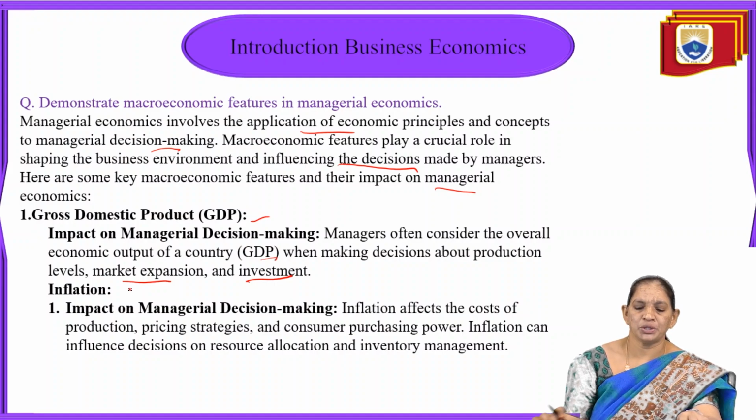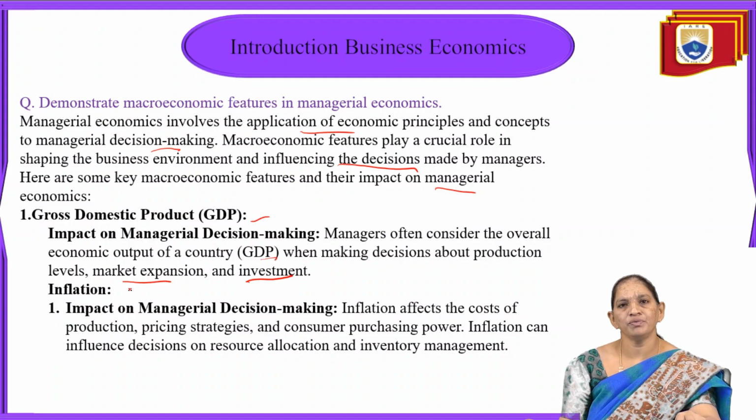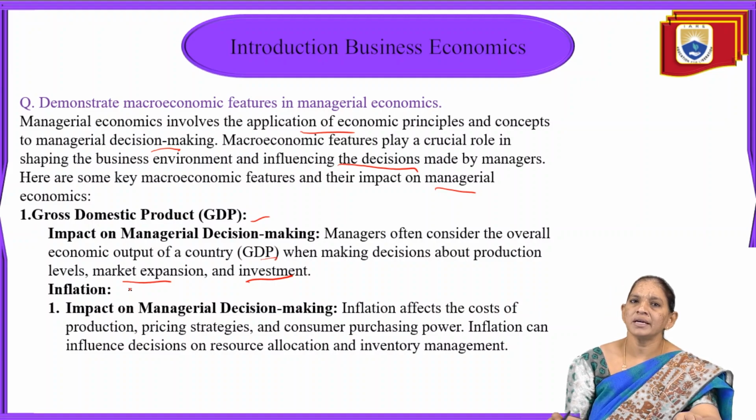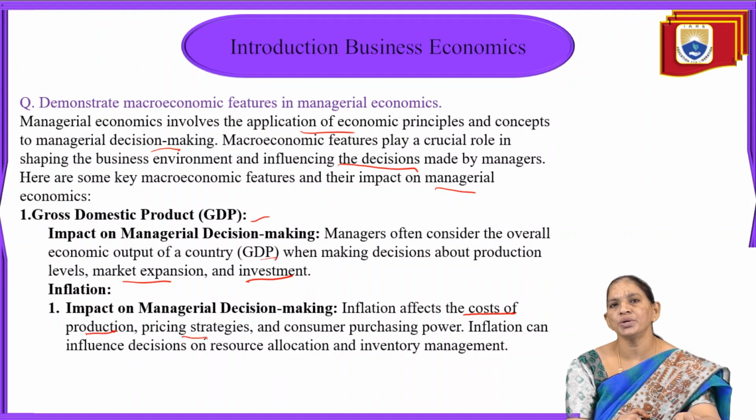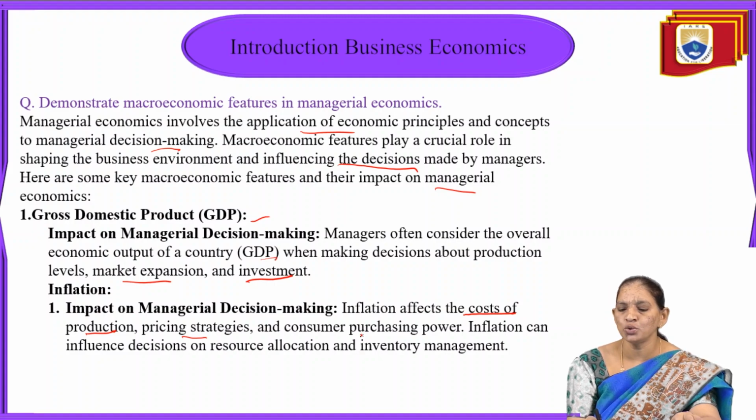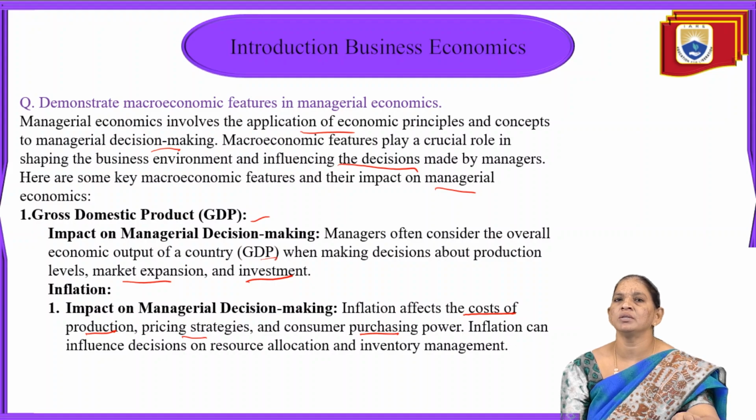Next, inflation. Normally we call inflation rising prices. The impact of inflation on decision making is that rising prices will affect the cost of production, and if the cost of production increases, as we know the prices will also increase, impacting pricing strategies and consumers, and later the consumer's purchasing power.